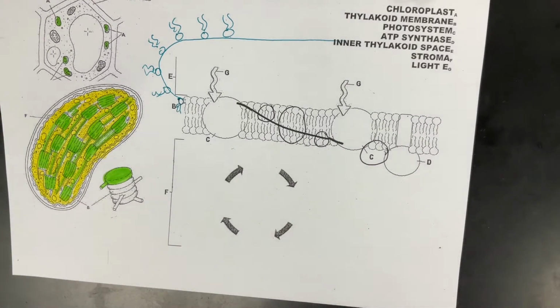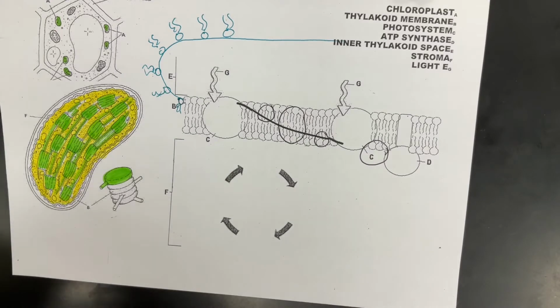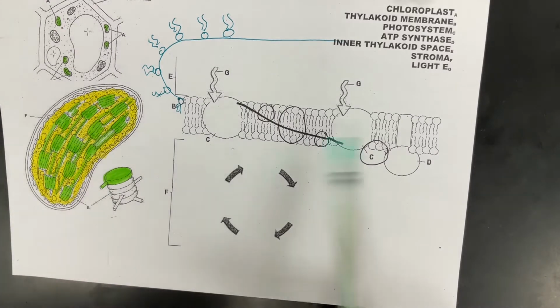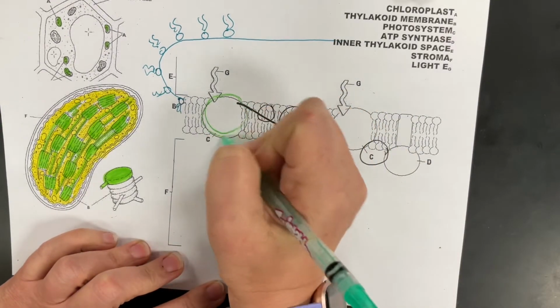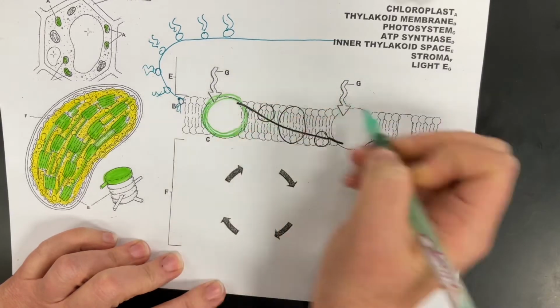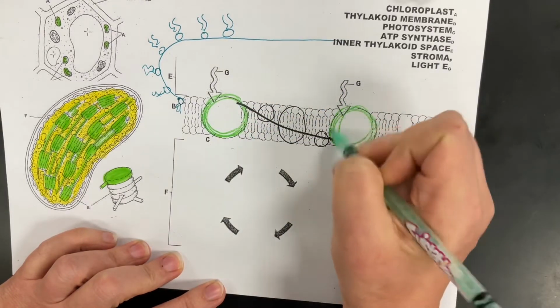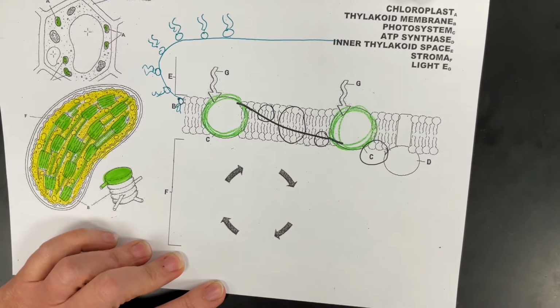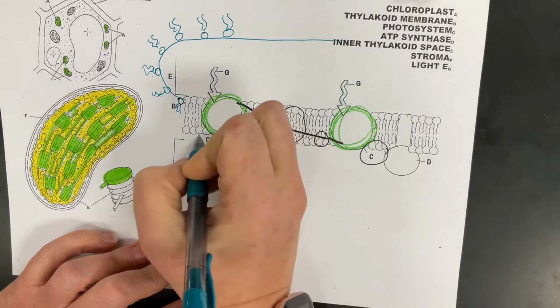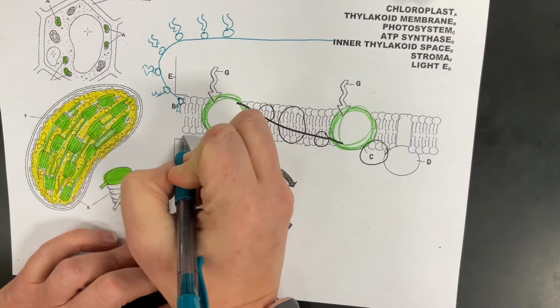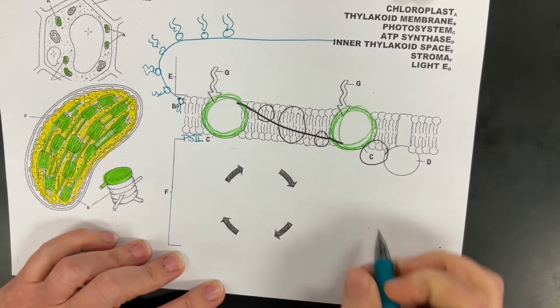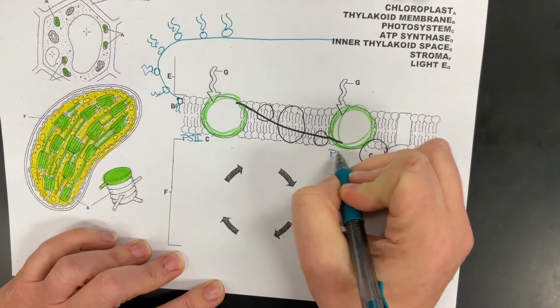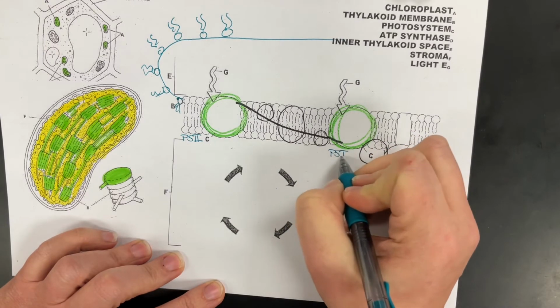All right, so one of the other things that we want to focus on is the photosystems. Okay, so the photosystems are these two big green guys here. I'm not going to do a super great job coloring them. So these are your photosystems. This first one, I'm going to write it over here, photosystem 2. And then this guy is photosystem 1.